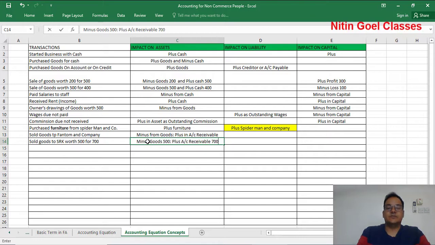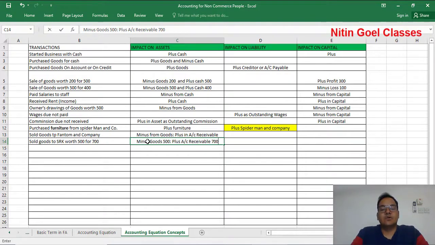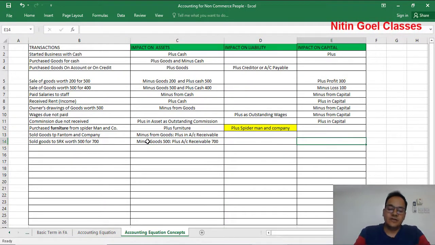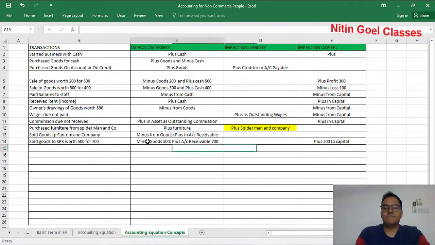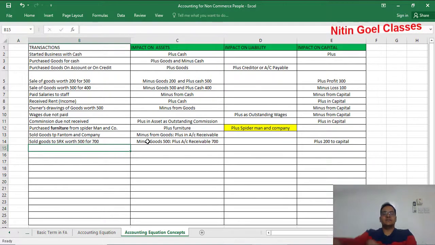How much? We have to receive 700. Profit or loss? The answer is profit of 200. Who will get the profit? Profit will be given to capital. See how easy it has become now.